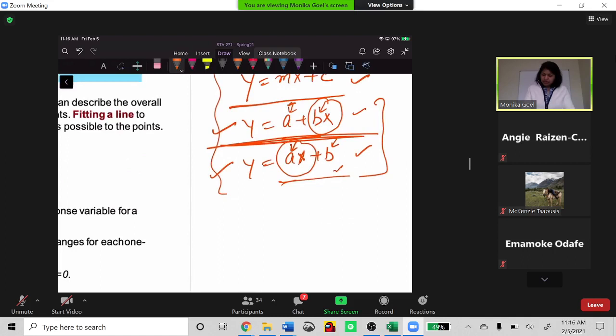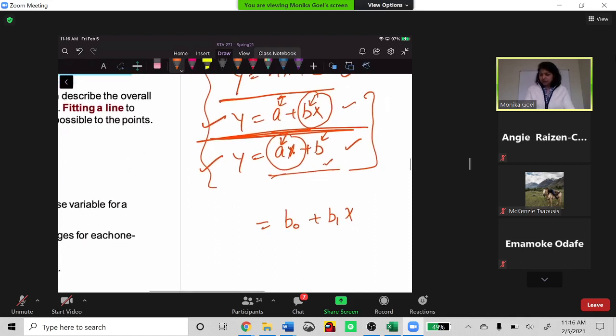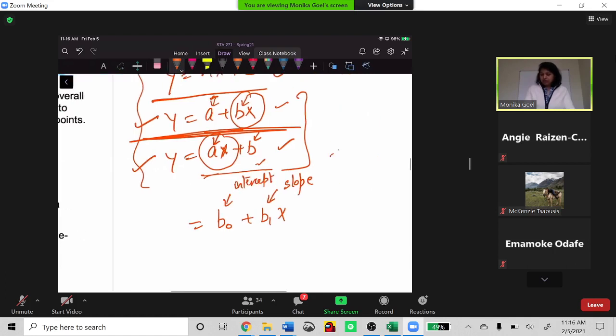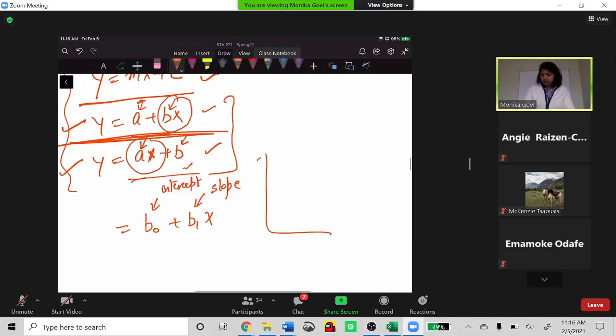Instead, we are using b0 plus b1x, where whatever is with the x is my slope, and this is my intercept, or y-intercept. And again, what is the y-intercept? The value when x is 0. Let's say this is my equation of the line. So if my x is 0, it is where the line touches the y-axis, and if I'm looking at the slope, I'm looking at rise over run, how much it's going up and down.